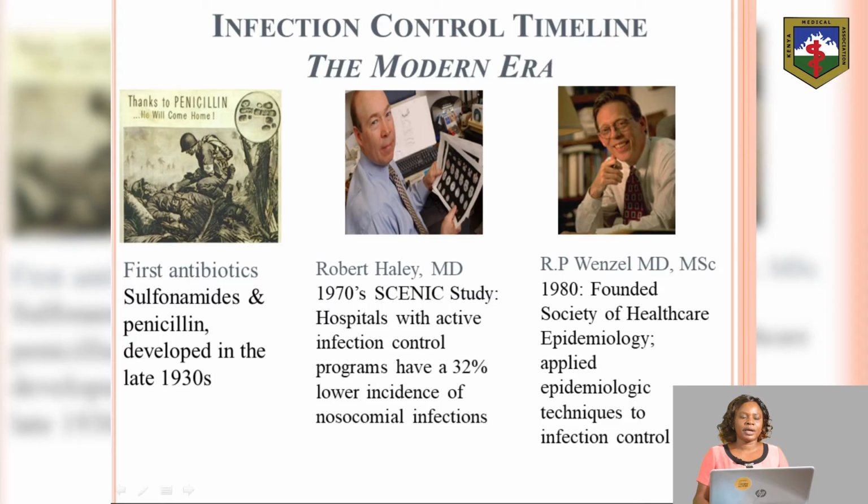The first antibiotic was found in the 1930s, which was a sulfonamide. This was to combat the infections, and infection control peaked even with the time the first Society for Healthcare Epidemiology was formed, and there was also applied epidemiology and techniques in infection prevention and control.